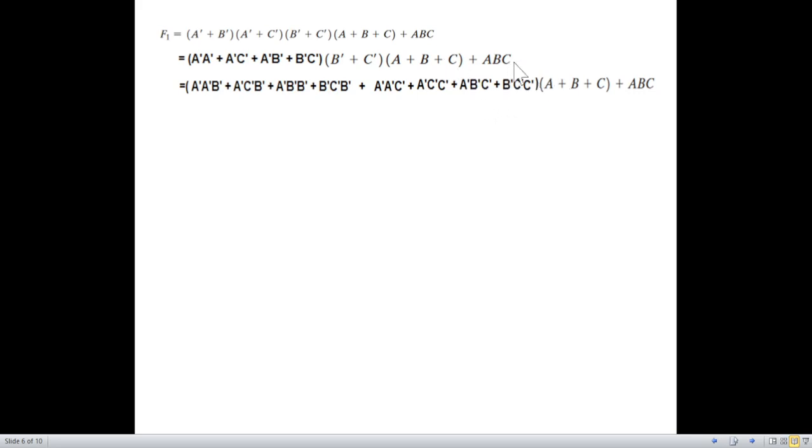ABC remains as it is, plus ABC. And now here we can use the formulas. We'll use the first formula, x dot x is equal to x. So wherever we have two variables of the same type, like A dash, we'll just write one of it. So this will be A dash, B dash. No change here. Here it will be A dash, and because of two B dashes, we'll just write one.